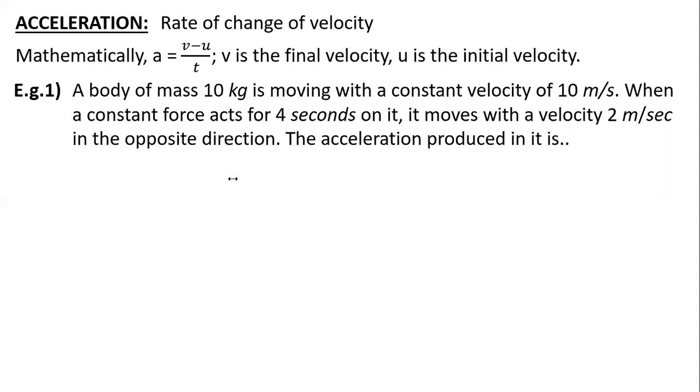Okay, so the final answer, whatever we got for acceleration, was nothing but -2 -10. I'm just recorrecting it. Initial answer was a bit of a typing mistake. Divided by 4. So the answer was -3 meter per second square.